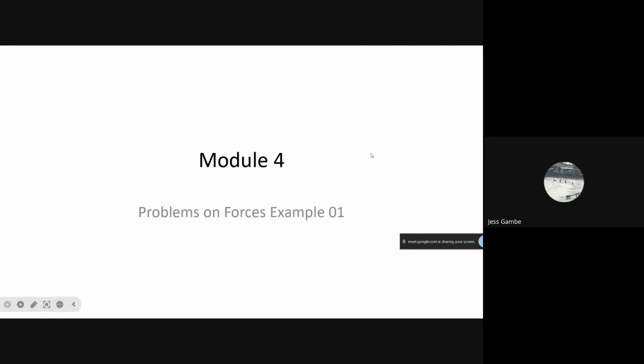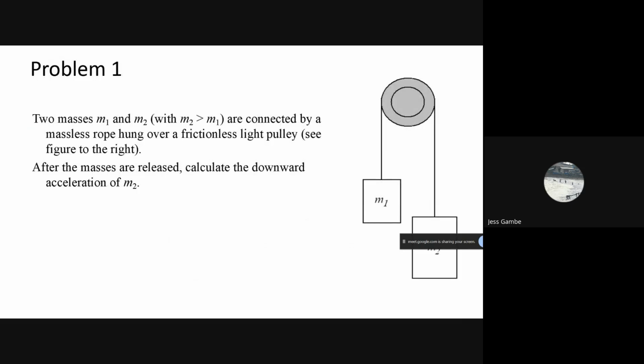So we have here module 4 again, problems on force examples. So in this problem, you have duha ka mass M1 and M2 connected by a massless rope hung over a frictionless nga pulley. So, shown on the figure. After the masses are released, calculate the downward acceleration of M2.